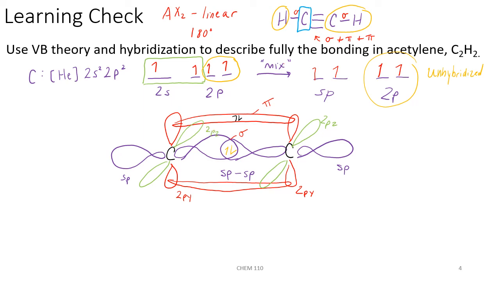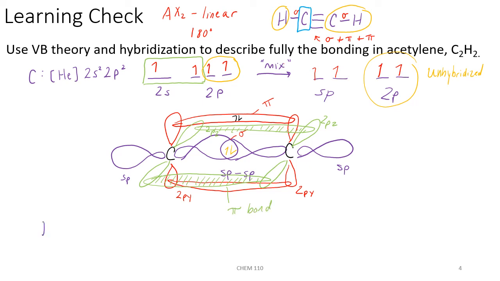Each one has one electron in it. And so it's going to overlap above and below the internuclear axis, just like the last one. So that region of space will spread out. It's a little bit hard to see here, just because we're trying to draw in 3D on 2D. And this would represent our second pi bond in the molecule.